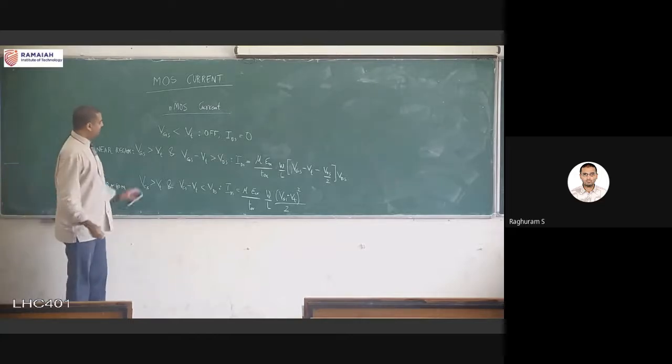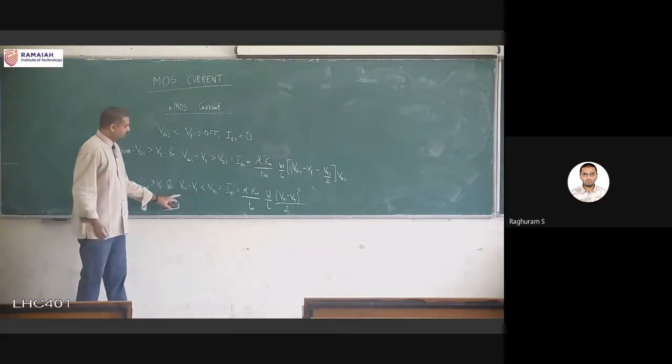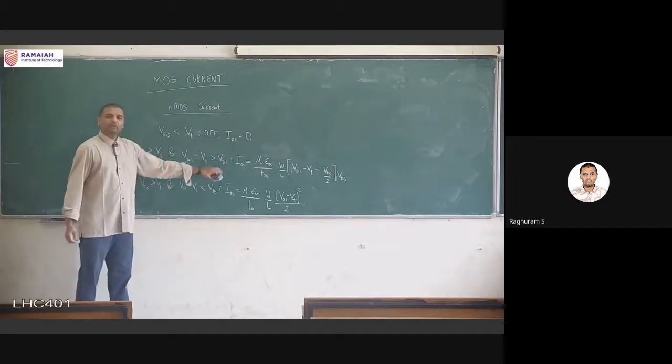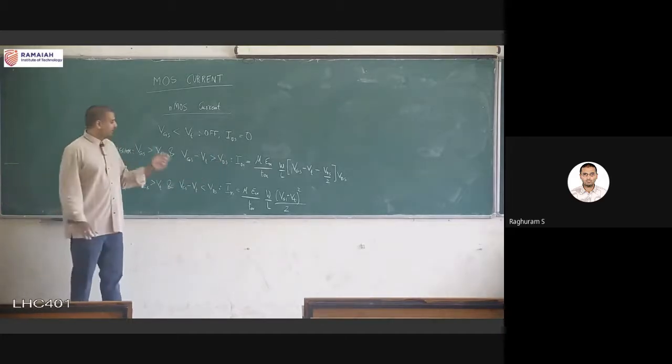Okay, the condition is here, very easy. Okay, VGS minus VT greater than VDS.